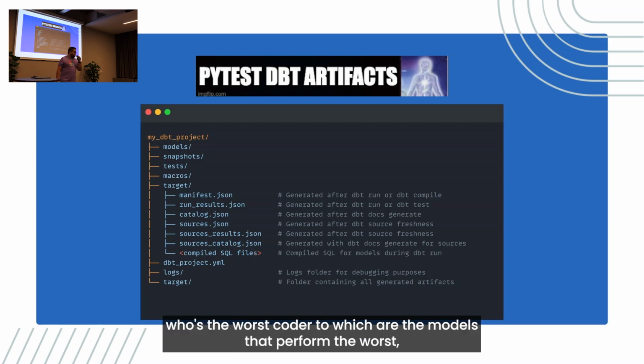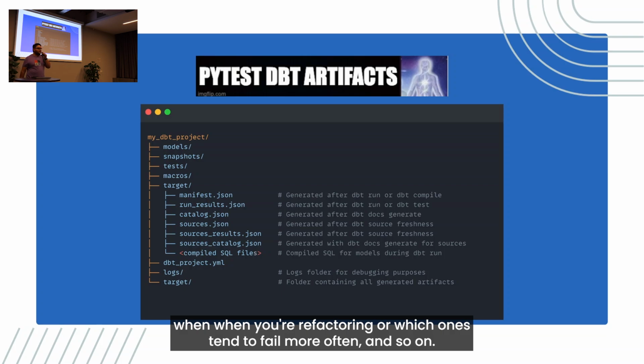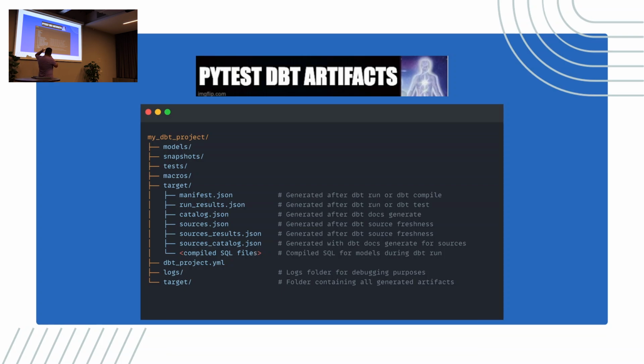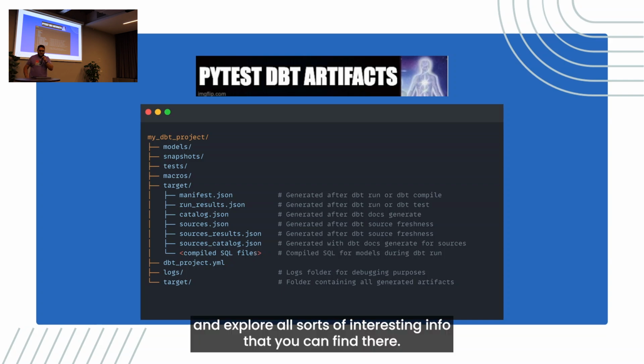From who's the worst coder to which are the models that perform the worst, and probably which models you should prioritize when you're refactoring, or which ones tend to fail more often, and so on. So yes, definitely play with this, check them out, and explore all sorts of interesting info that you can find there.